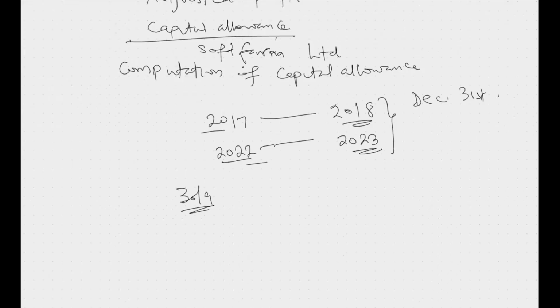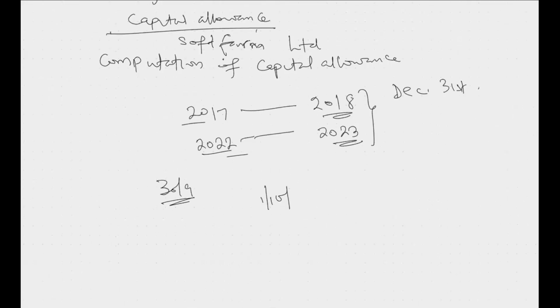So for the first asset, for example, this will be 2018 also, right? Because that asset was acquired August 2017.